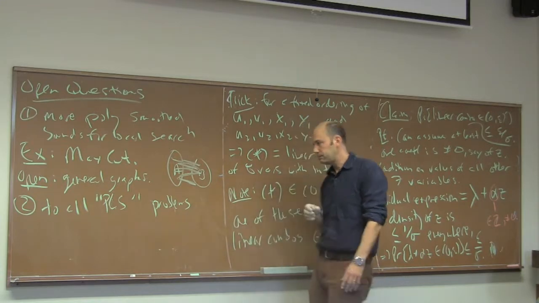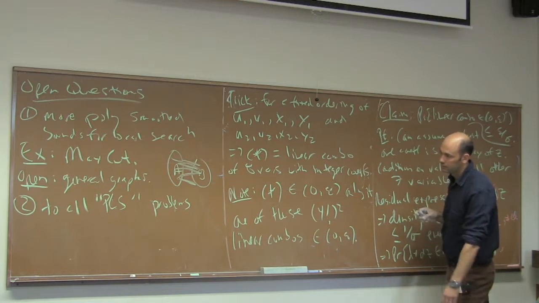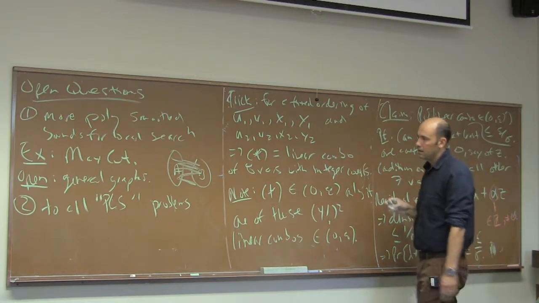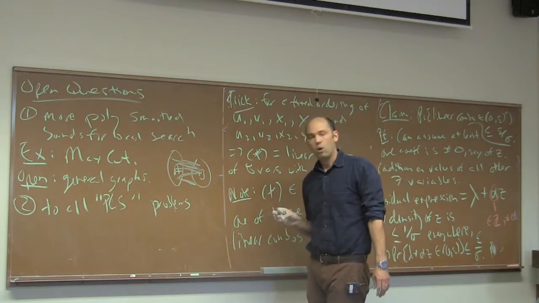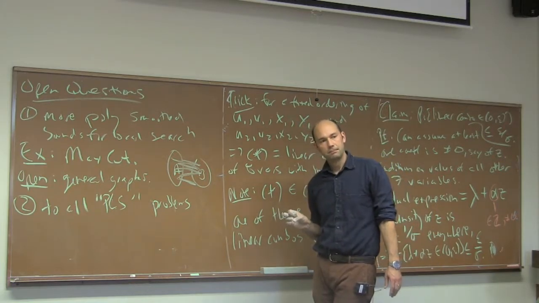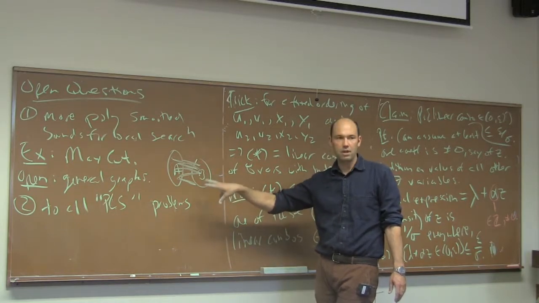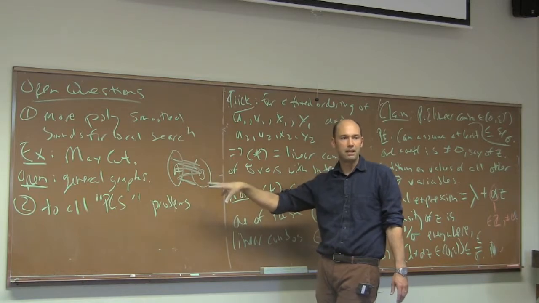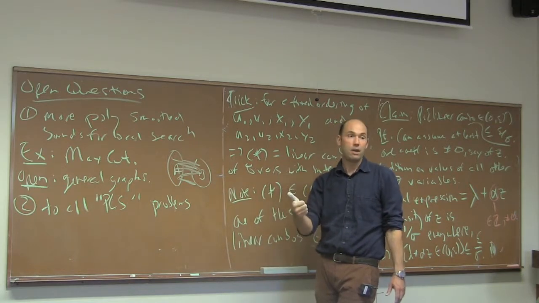Question? Why do we even know that generic local search converges in the general case? Couldn't there be cycles? No, because it's defined to only improve the objective function value. It's a good question. This is sort of the subtlety of what it means for a problem to be in PLS. Some of the necessary conditions to be in PLS are that you have to have an objective function value which can be evaluated in polynomial time.